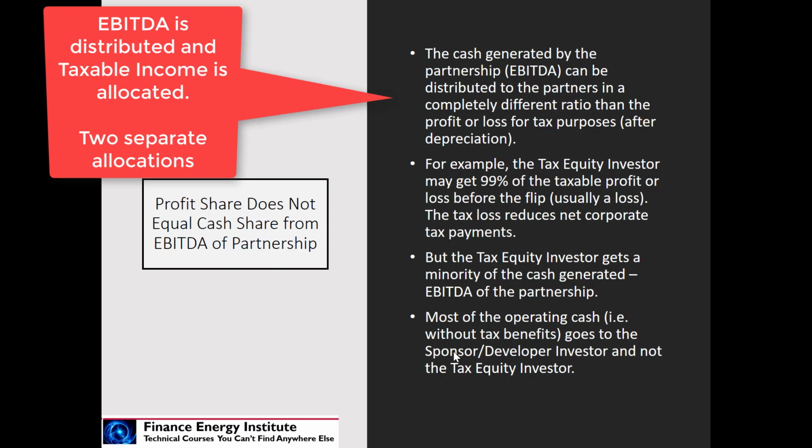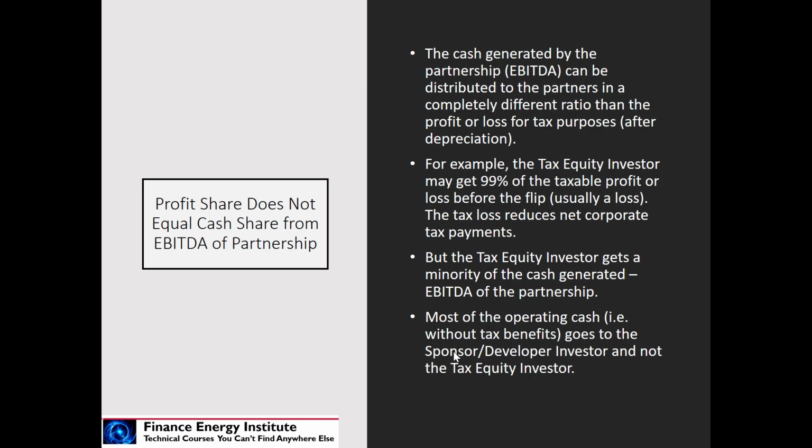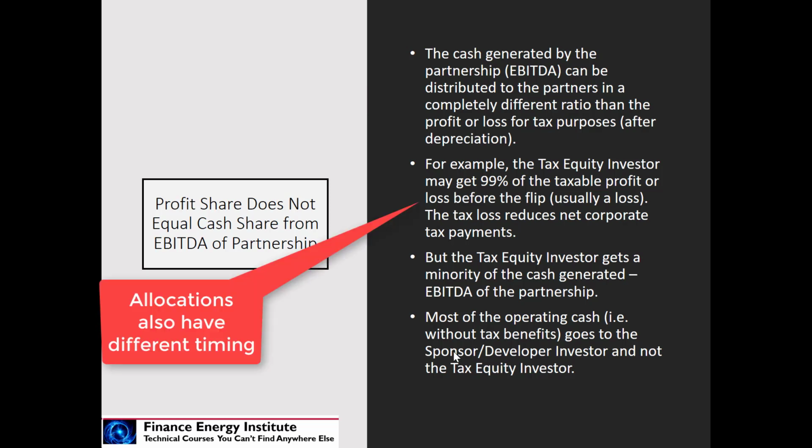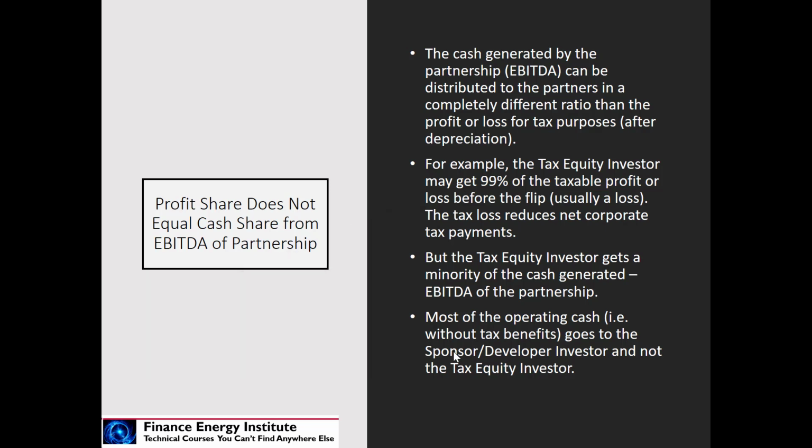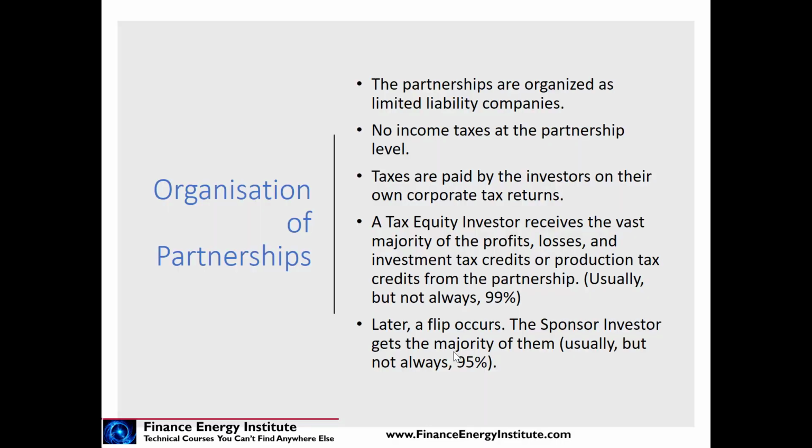You allocate the cash, but then you allocate the income, not the cash. To get income, you need depreciation. And you allocate the income in a different way than you allocate the tax. That's everything. That's how these things get set up, okay?